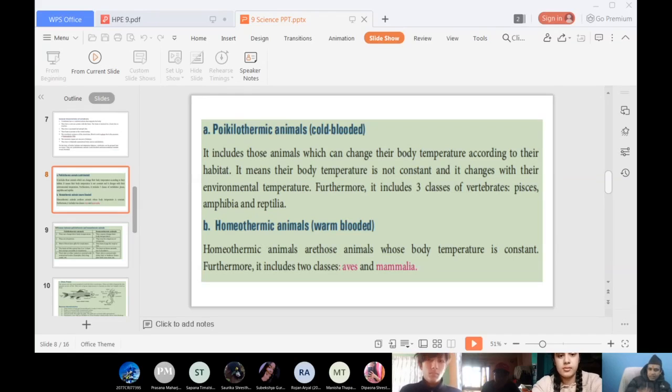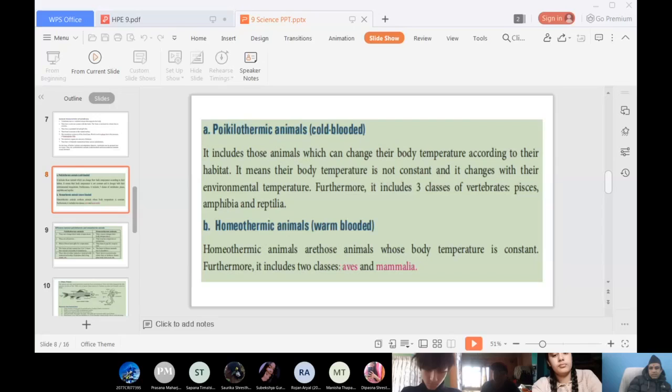I mean, if the temperature is low in their surrounding, body temperature is also low. And if the surrounding temperature is high, body temperature is also high. And poikilothermic animals are categorized into three groups: Pisces, Amphibia, and Reptilia.